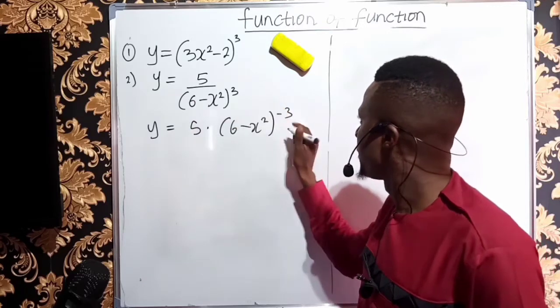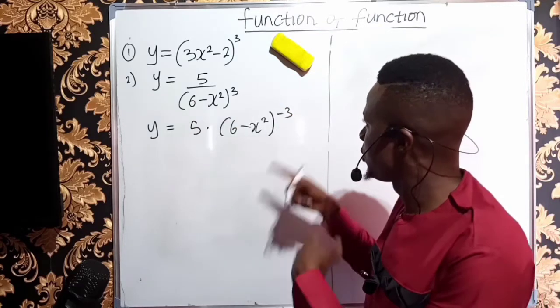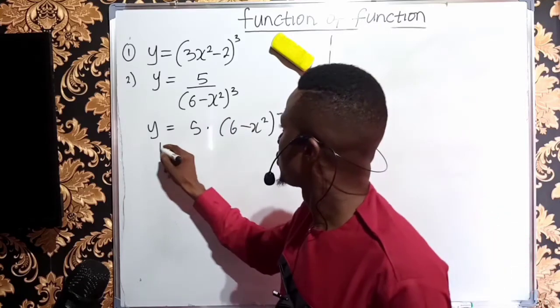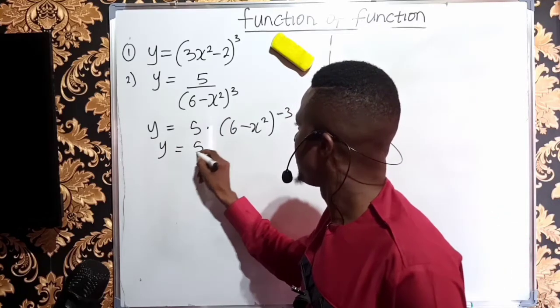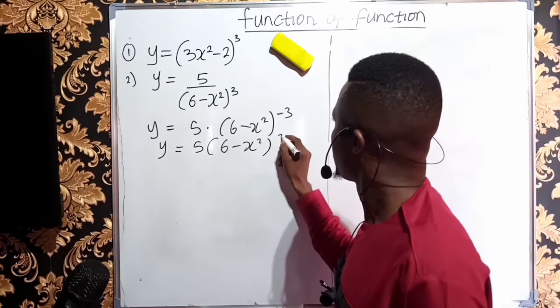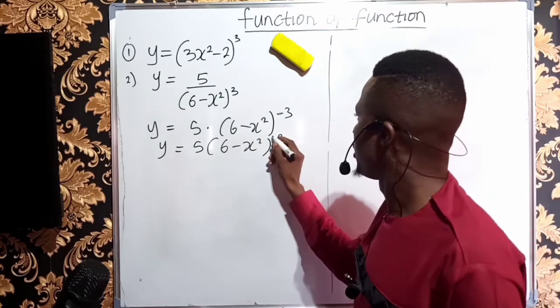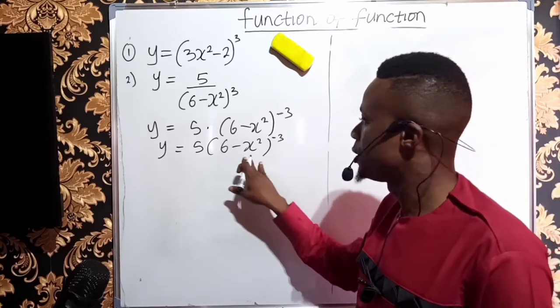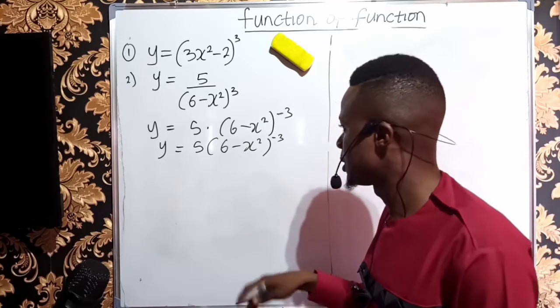When it comes up, the power turns to negative because the reciprocal turns it back to the original form. So we have that y is now 5 into (6 minus x squared) to the power of minus 3. So let us let u be equivalent to the items in the bracket.